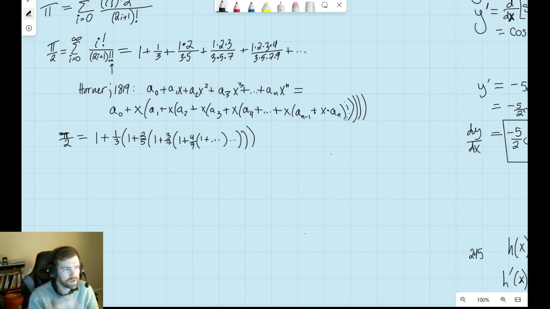However many sets of parentheses you need from there. I guess that doesn't need the ellipsis there because it's already covered on the inside here.